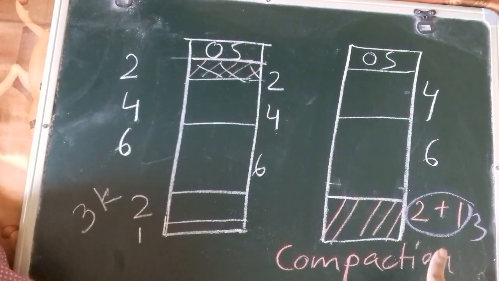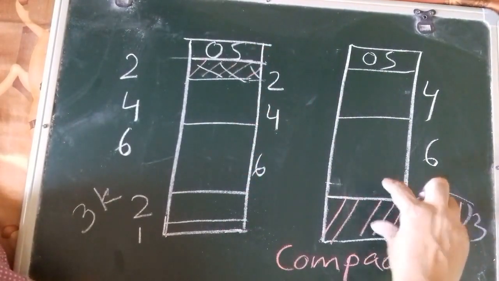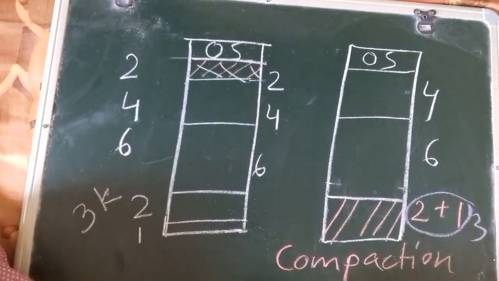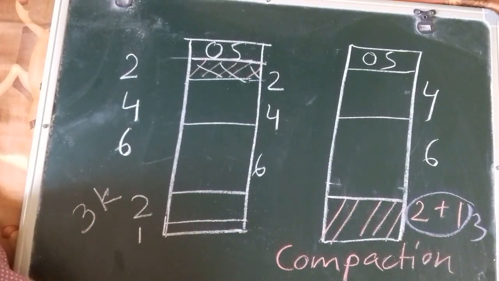Compaction is a process of collecting the free space together and keeping it together so that we can avoid the drawback of external fragmentation in dynamic partitioning. Hope you all have understood up to dynamic partitioning. From the next video we'll start with some other topic, where we'll cover the rest of the part. Thank you for your patience.